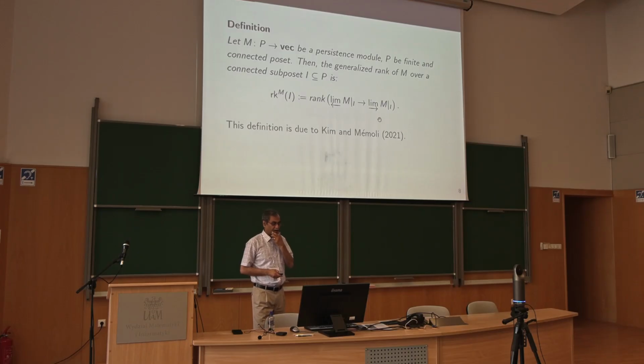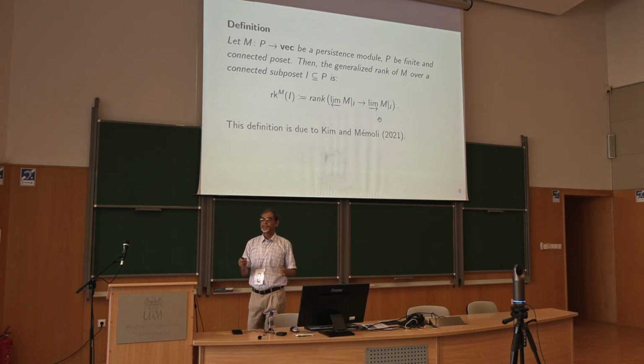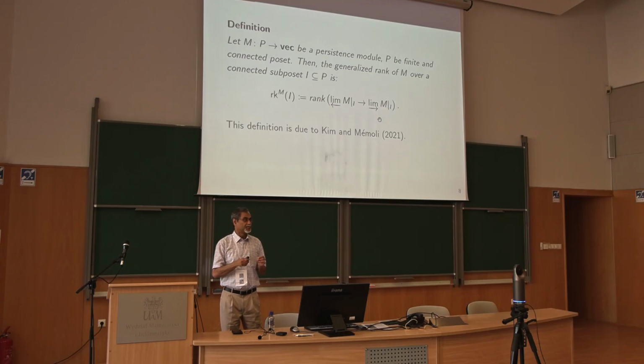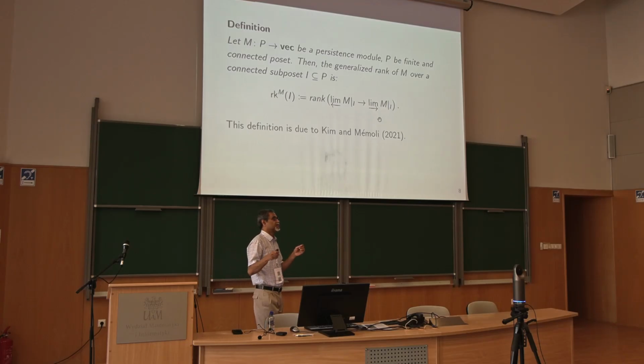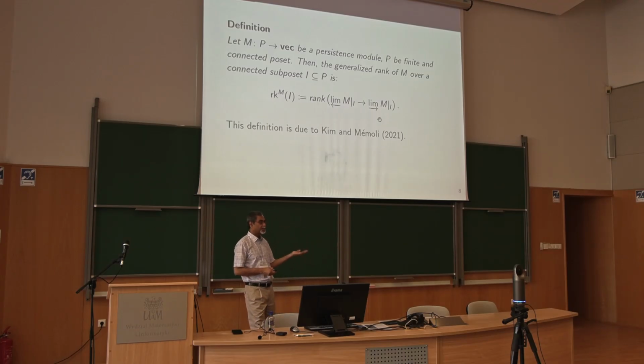And then suppose I also assume P to be connected. Connected means any two points in the poset are connected by a path through other points of the poset which are comparable. Okay, so a connected poset, and suppose there is a sub-poset I of this connected poset.